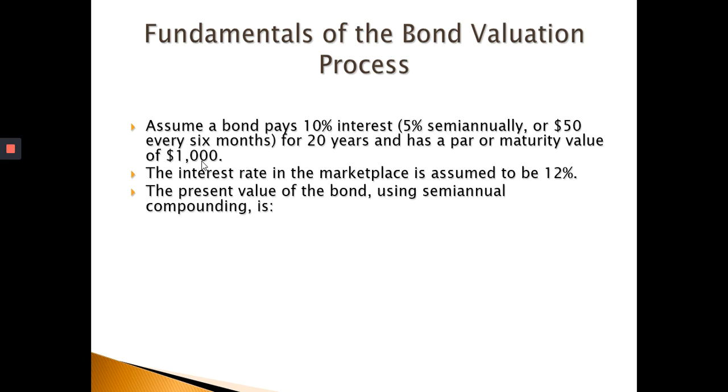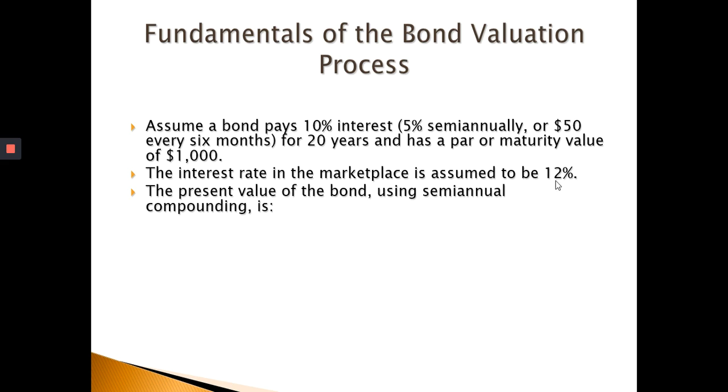So I hope you tried, and I hope you got the information correctly. Semi-annual means, did you divide the 12% by 2? Because your interest rate is per annum, semi-annual means you have to divide by 2. Therefore it is 6%.